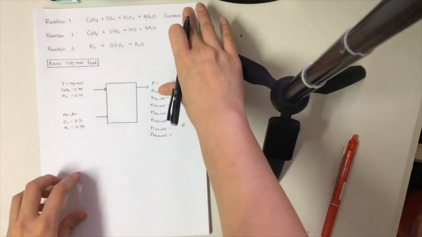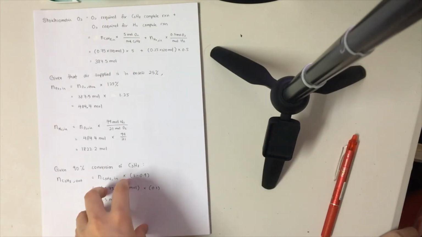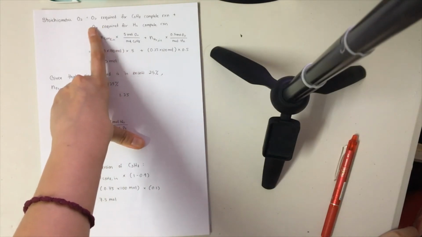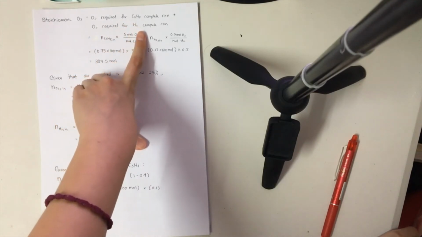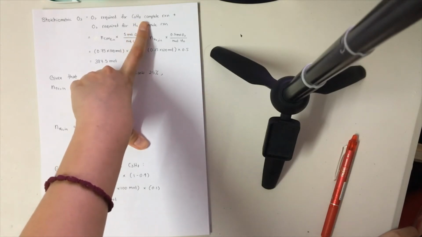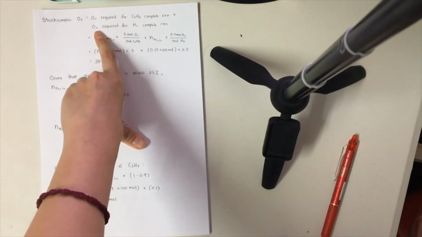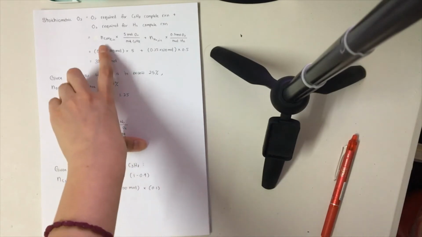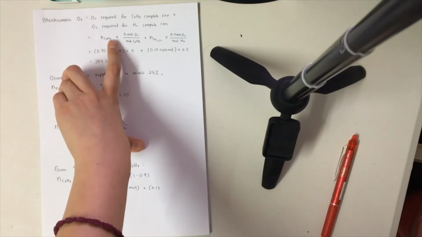So the first step is determining the stoichiometric O2 that is required. Meaning to say we can find the amount of oxygen that is required for the propane to completely react, and the O2 required for hydrogen to completely react. We take the number of moles of propane that goes in, multiply by 5.